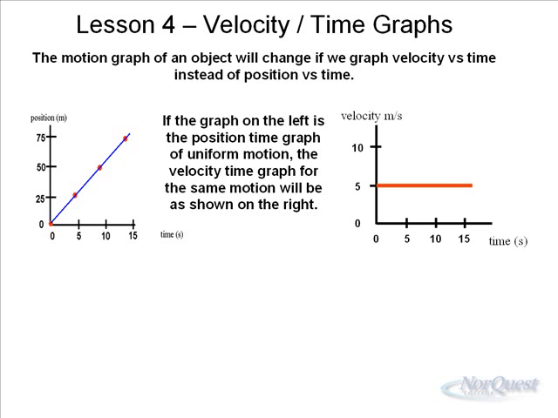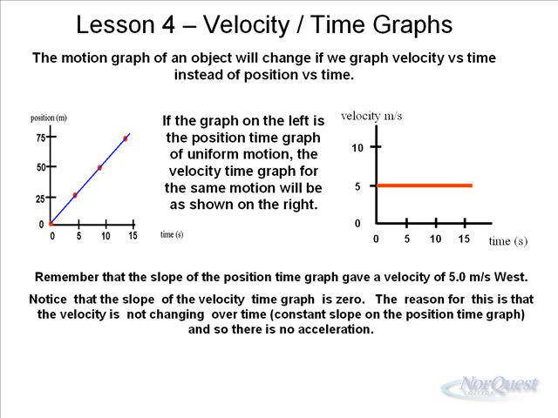The velocity was 5 meters per second when the boat went by the marker, and it stayed at a consistent 5.0 meters per second. Now, the slope of the position time graph gave a velocity of 5 meters per second west, and that 5 meters per second is constant because the slope of the position time graph is constant.